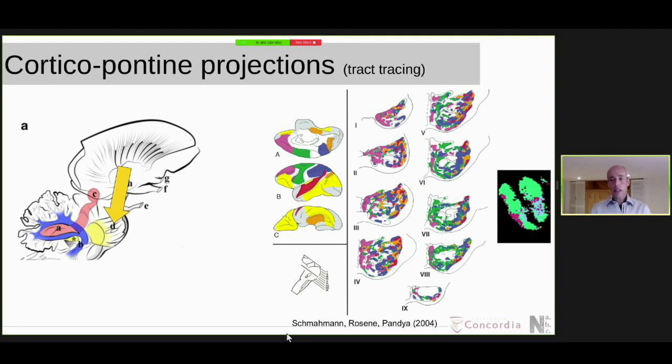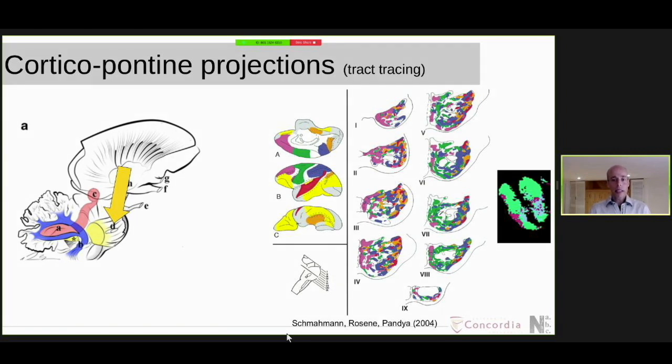Obviously we're not at the same level of detail as they were with diffusion imaging, because these nuclei are extremely small. But we see this general organization of non-motor projections going to the superior part of the pons, up here, and the motor regions projecting more to the inferior part of the pons, down here. So this green, blue connections similar to this.